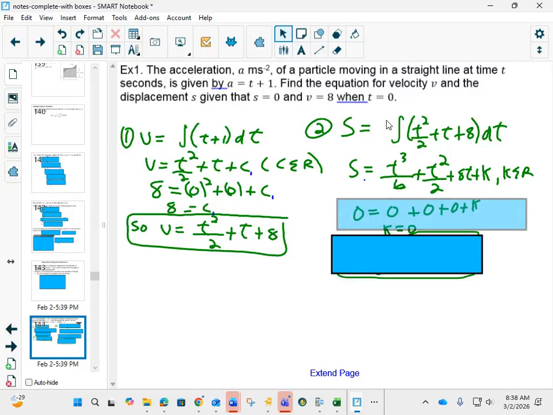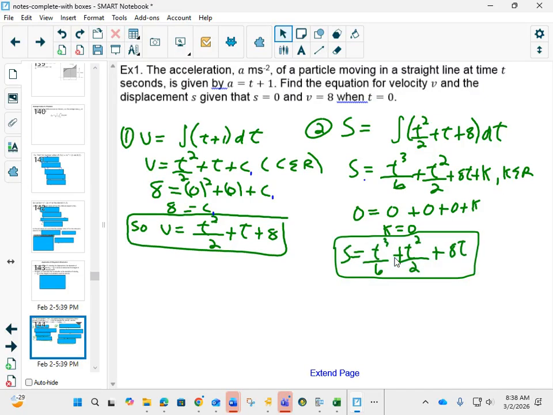And then we can solve for K by putting in our initial condition. And plug it in to get your final equation.